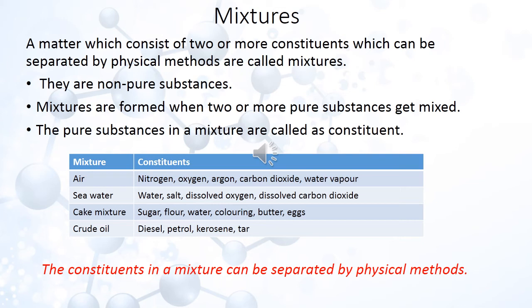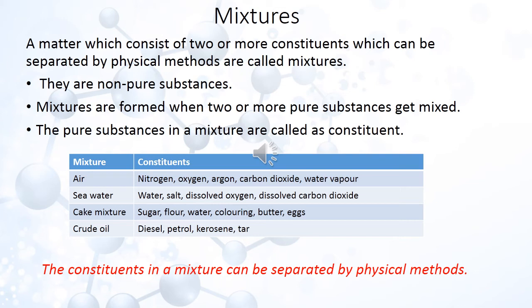They can't be separated by physical or chemical methods. But the constituents in a mixture can be separated by physical methods. They are non-pure substances. In a mixture, there should be two or more constituents, two or more pure substances.